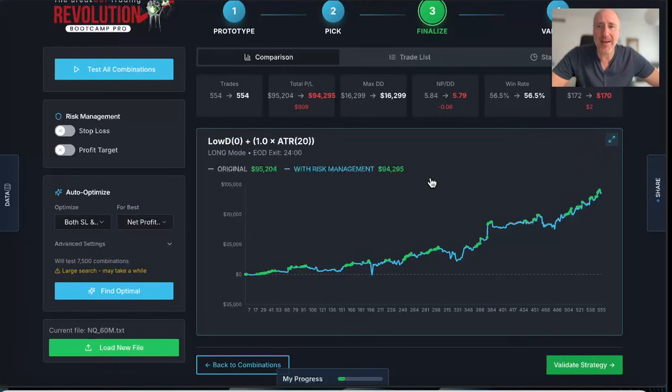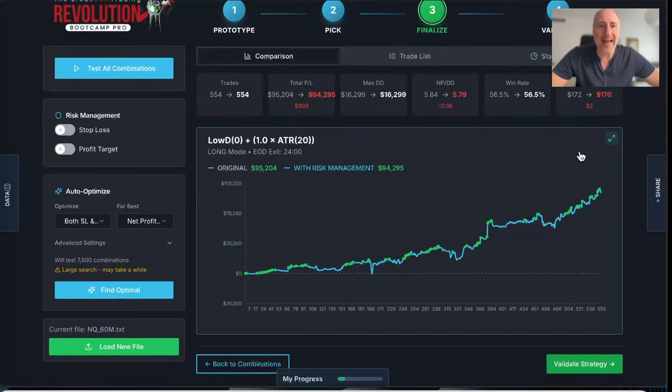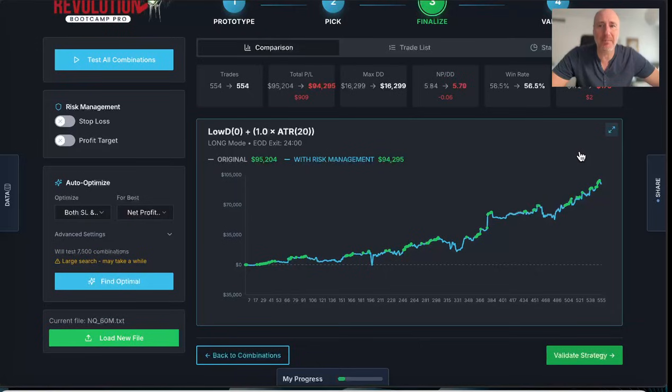Now, in this phase, we can already see if we could potentially improve the model with additional risk management. And by additional risk management, I mean stop loss or profit target, okay? Now, big warning. Foundational models usually do not get improved with stop loss or profit target.